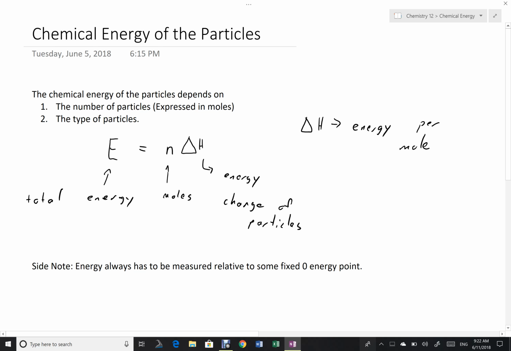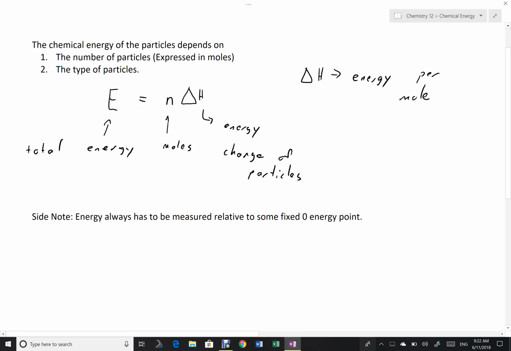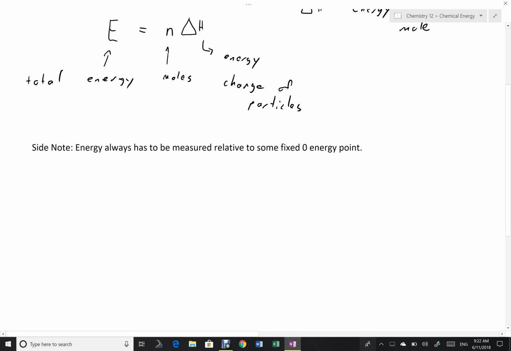And note here that energy is always relative to some fixed reference point. Again, using our simple example of the hill, if we want to state the energy a ball has at the top of the hill, we kind of need to know what height 0 is, or where energy 0 is. So if this hill is 5 meters high, we've measured that height relative to the ground level.